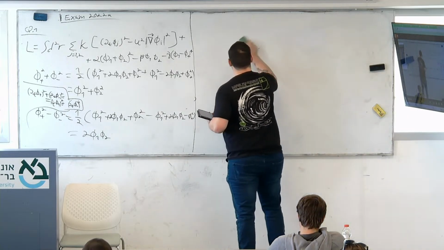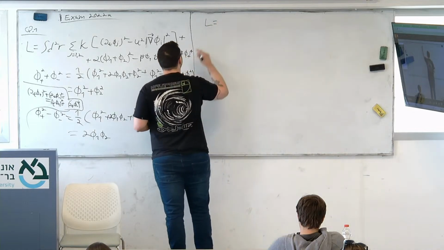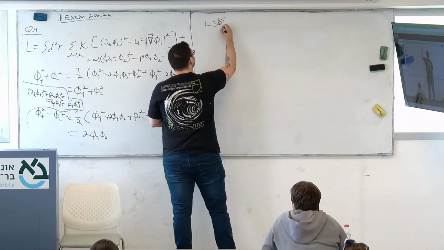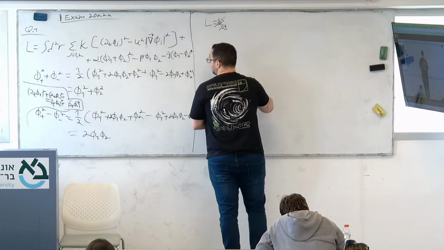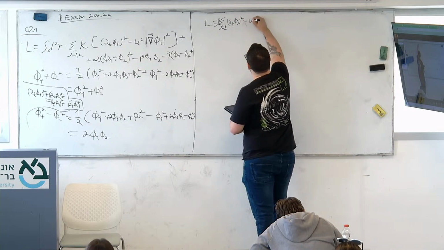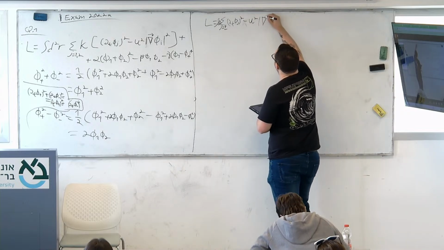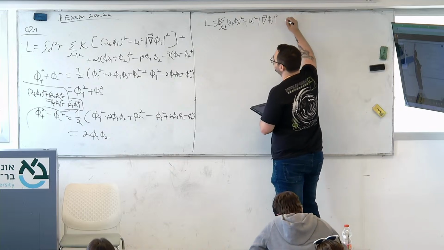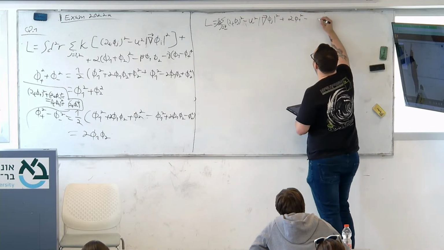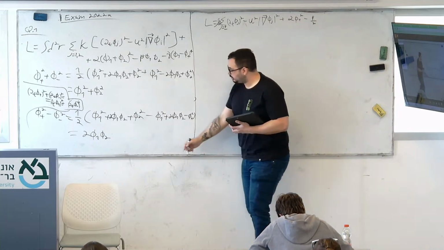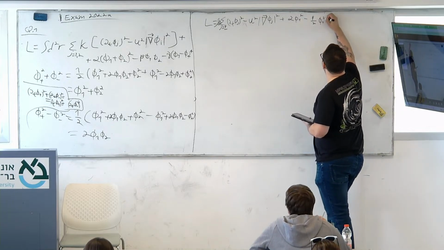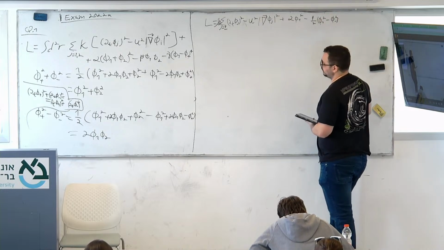Again, L equals the integral d squared r, sum over j equals plus minus of dt phi j squared minus u squared phi j squared plus alpha phi plus squared, minus beta divided by 2, because there's 2 here, phi plus squared minus phi minus squared.